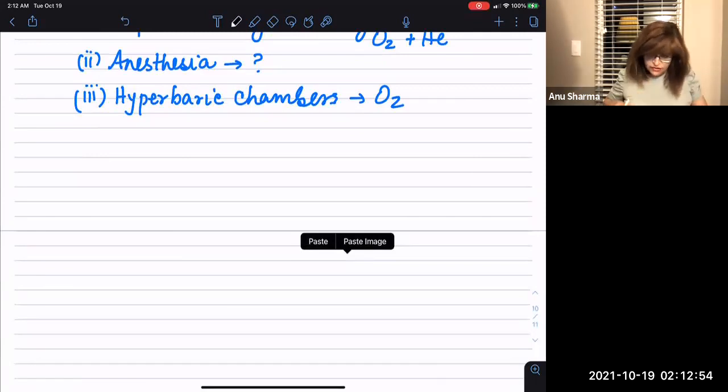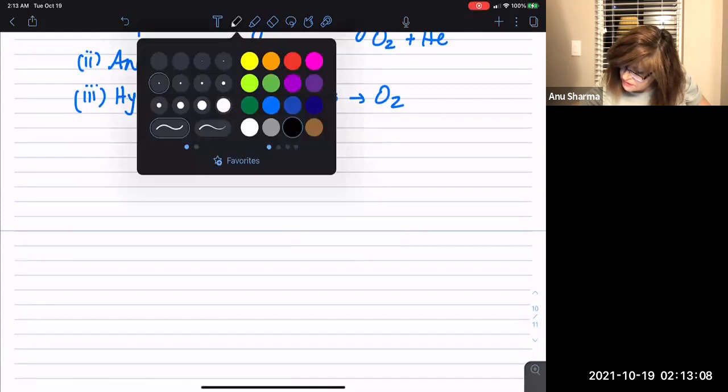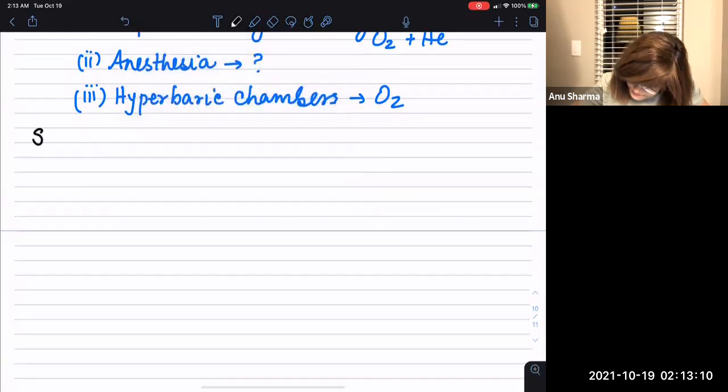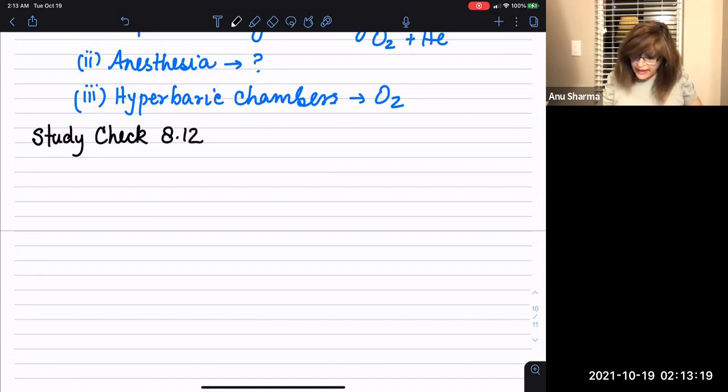All right, so this is the second last problem here, the study check 8.12, on page 313.